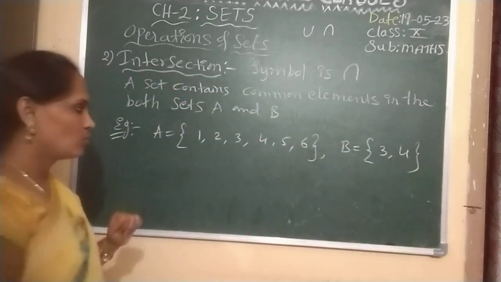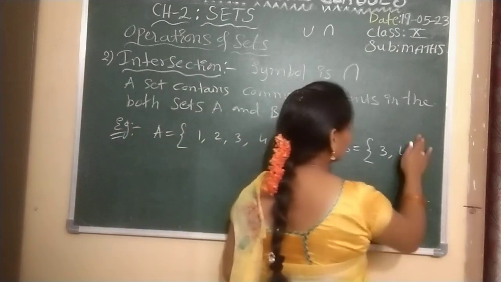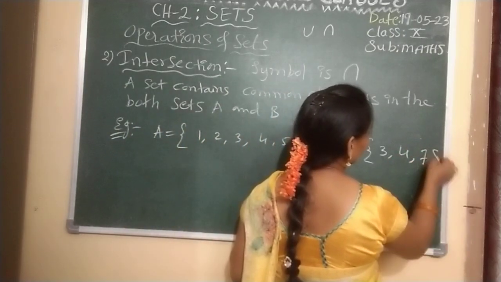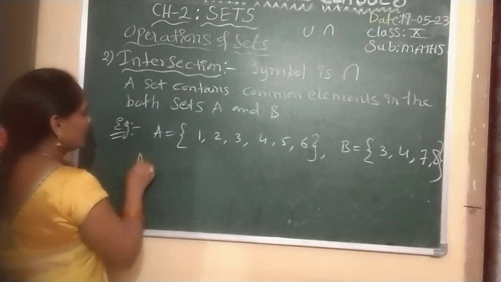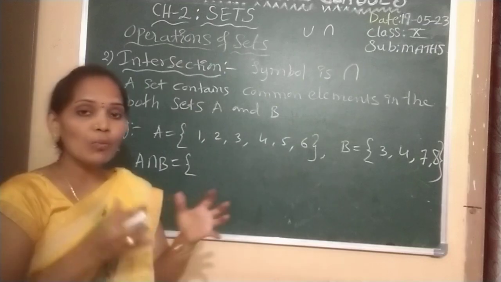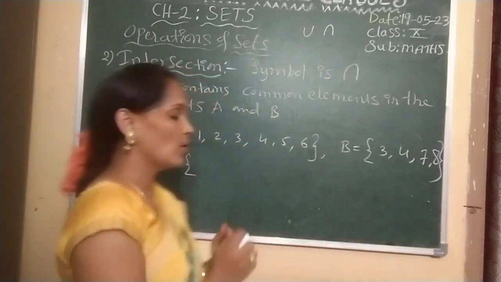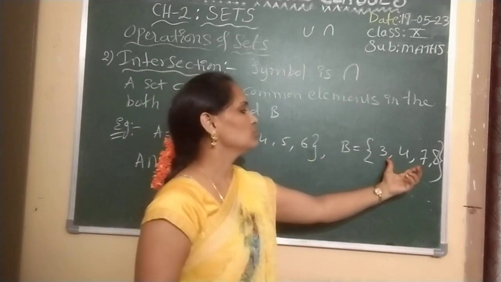Okay. Now, see. Otherwise some more also, no problem. Now A intersection B. What I said, intersection means only common elements. So what are the common numbers in these two sets?